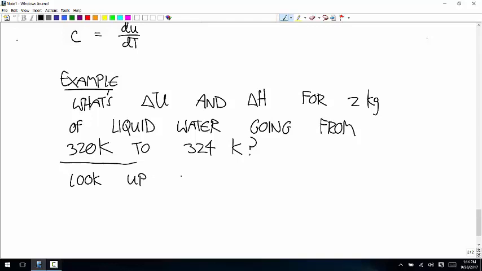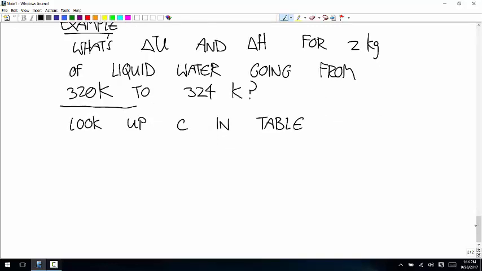So look up the specific heat in a table, and I'll give you that. And what you see is at 320 Kelvin, the specific heat is 4.179 kilojoules per kilogram Kelvin.